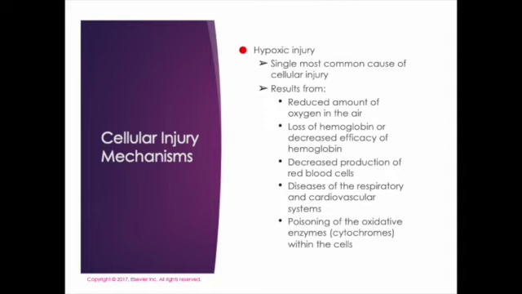If we have disease that affects our lungs and our heart, it can reduce the oxygen delivery to our cells. And lastly, poisoning of oxidative enzymes. Substances that interfere with enzymes responsible for oxygen utilization within cells can lead to hypoxic injury as well.